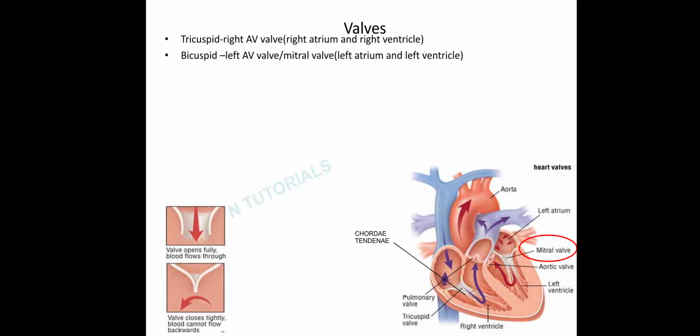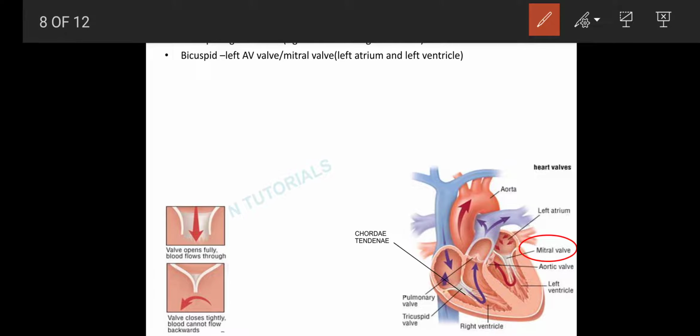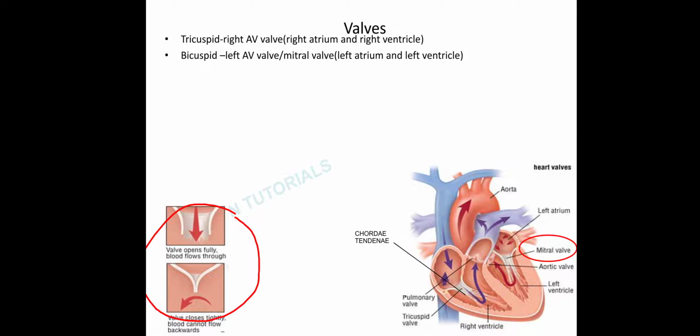Now these are the valves, look at this picture. Your valves actually open only towards one side. There is no backward movement of the blood. This is just to ensure that the blood moves only in a single direction. There must not be any bidirectional flow of the blood.